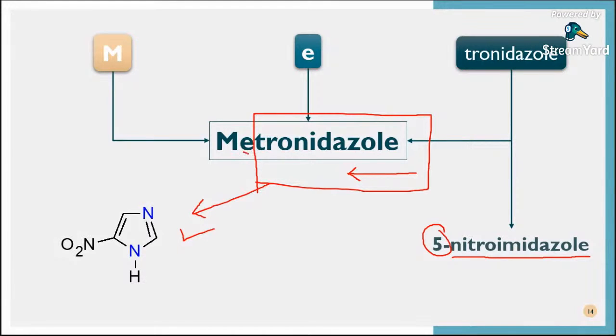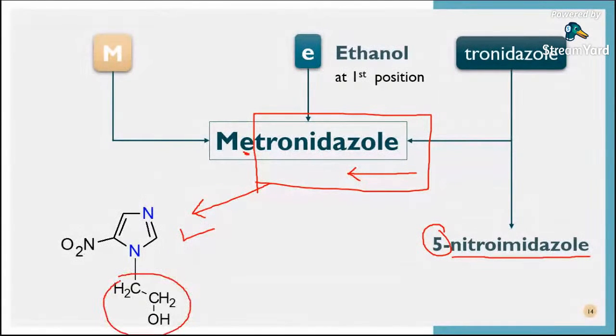Now what is remaining? E is remaining. So E, we have separated the E, and E stands for ethanol, and ethanol is present at first position. So you have to attach the ethanol at first position like this.